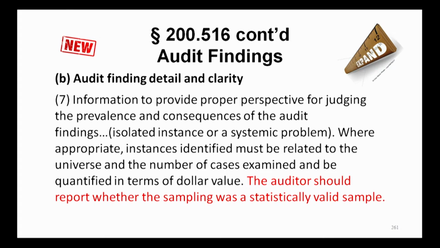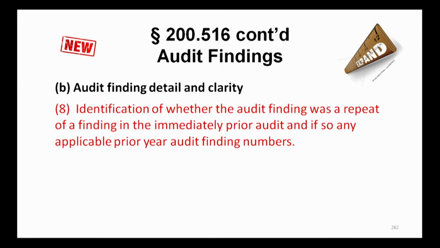So really, making sure they're not making some sort of broad jumps about what the questioned costs are, what the level of noncompliance is. So if we did 20% of the files, was it statistically valid to arrive at the logical conclusion for questioned cost?